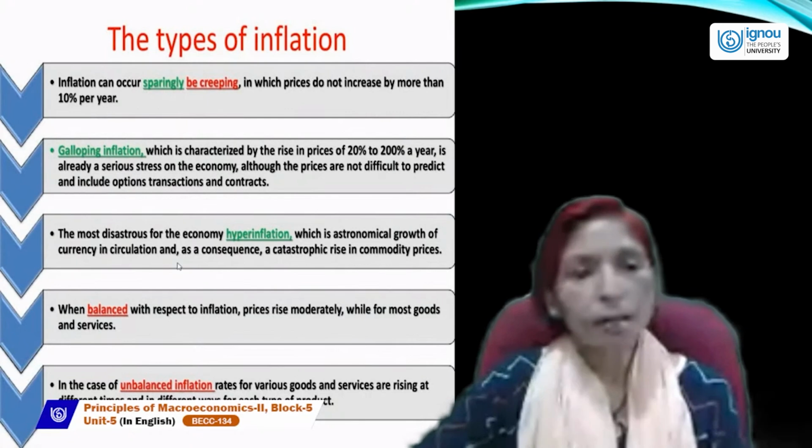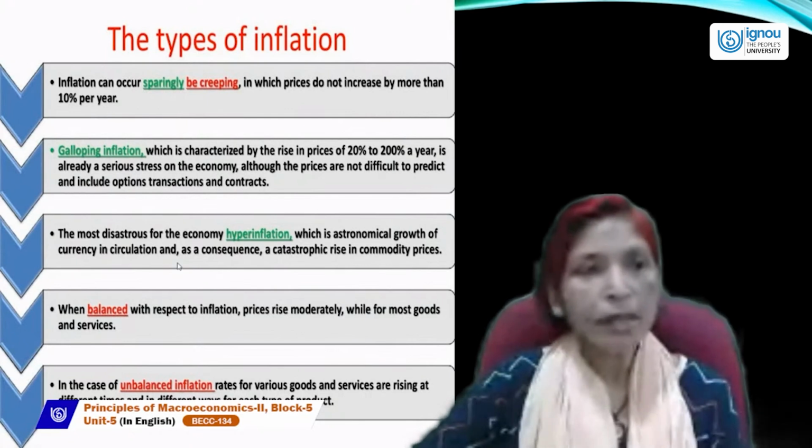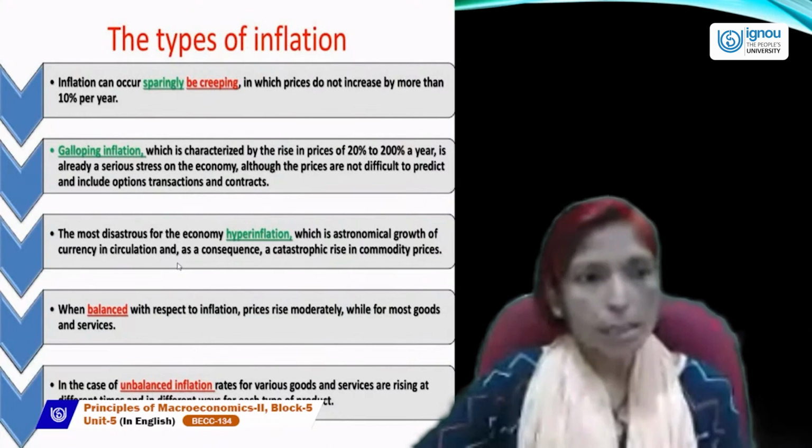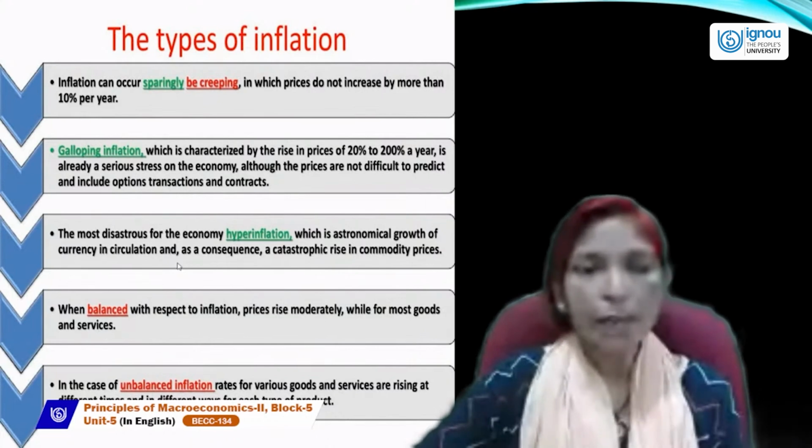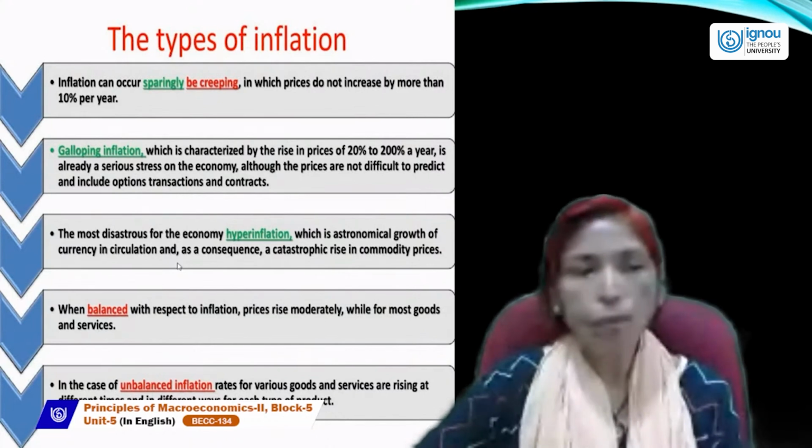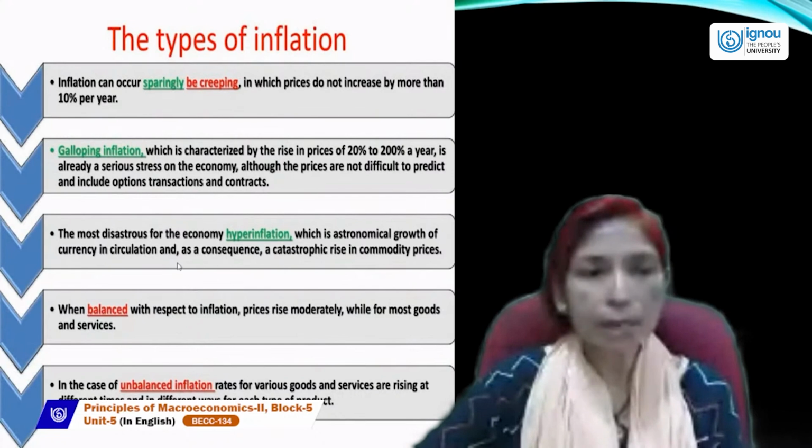Next is types of inflation. We can describe the types of inflation by rate. Inflation can occur sparingly by creeping, in which prices do not increase by more than 10% per year.